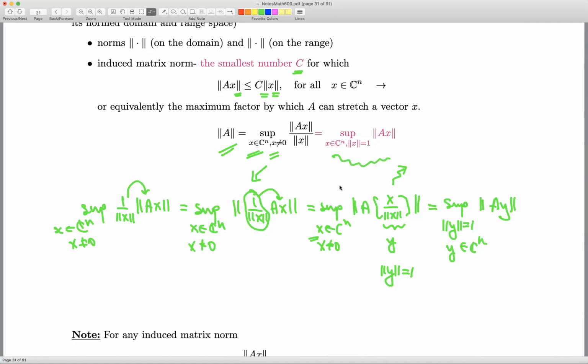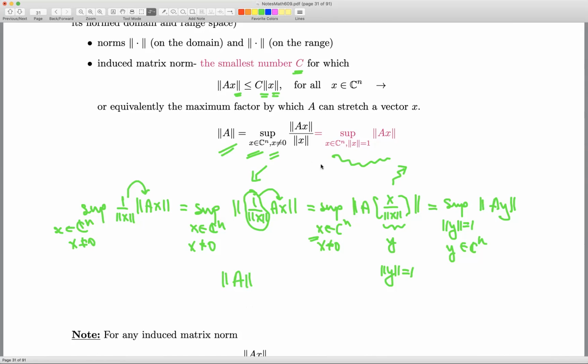So the definition can be viewed in two ways. You either divide the norm of Ax by the norm of x, or you look at the norm of Ax when x is restricted to live only on the unit sphere with respect to this vector norm. So this is how we can define an induced matrix norm that is associated with a particular vector norm.